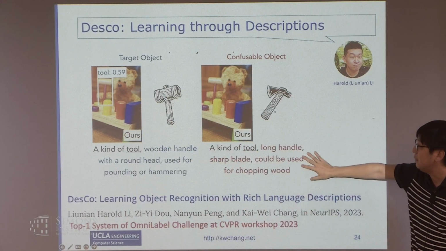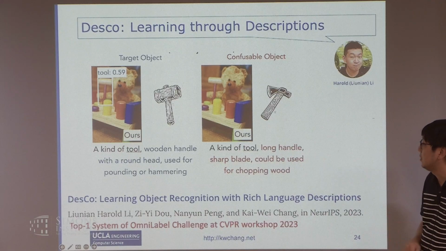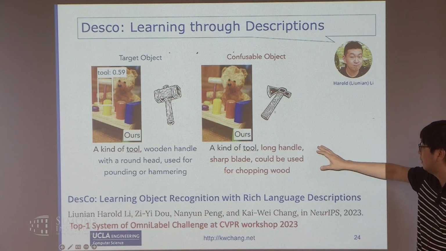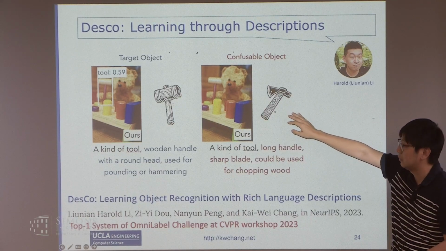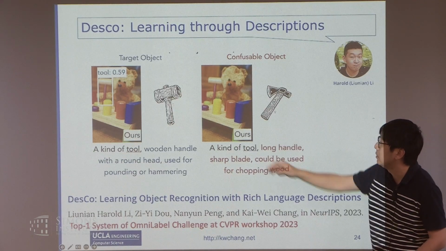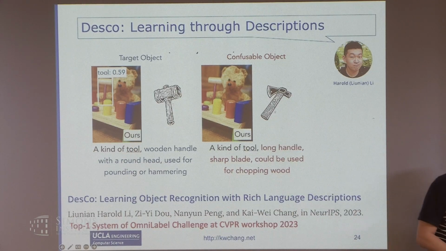But if I provide something that's not actually in the image, like a tool with a long sharp blade used for chopping wood, usually called an axe, right? So this one is not in the image. The model should not recognize anything there.